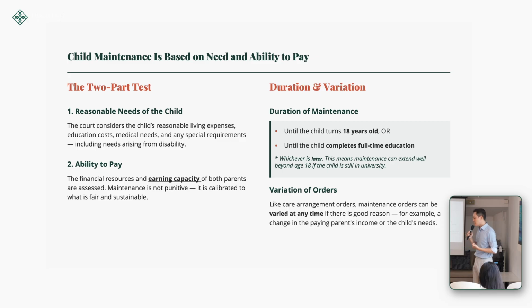All right. Now, another thing to keep in mind is that unlike children arrangement, that is the care and control, custody, which ends at the age of 18, children's maintenance extends beyond the age of 18 to, the law says, completes full-time education, whichever is later. Now, there's a catch here.